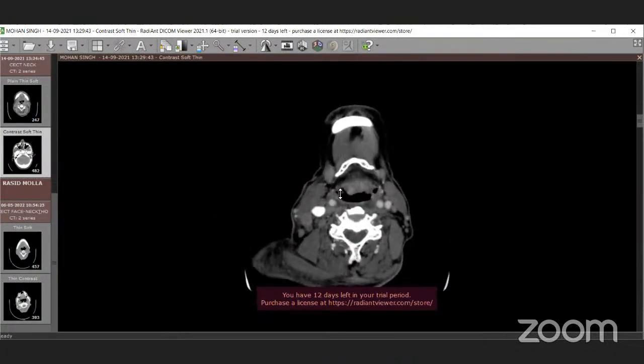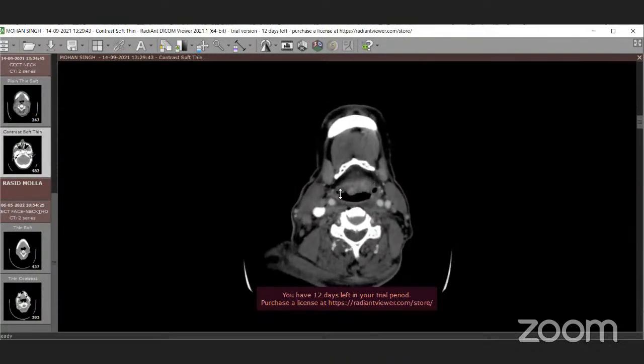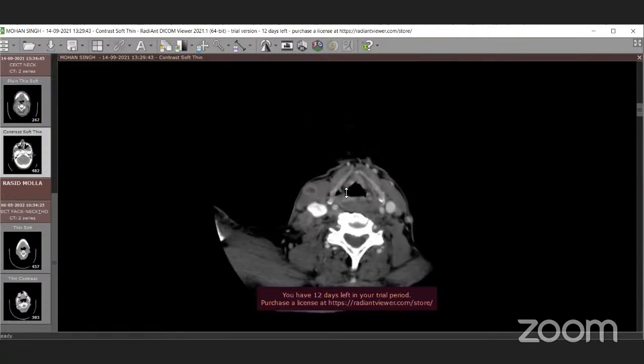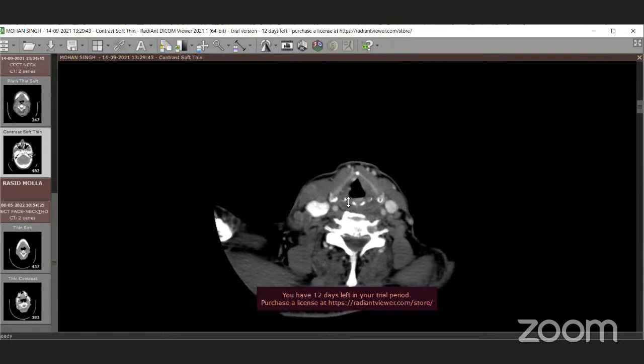Superiorly, it is the superior margin of the aryepiglottic fold, and inferiorly what we have is the apex of the piriform sinus, where the air vanishes and you have some fat attenuation, similar to the paraglottic fat. So if you have a piriform sinus tumor which involves the apex, it usually goes into the paraglottic fat here, and being a pharyngeal tumor, it gets to go into the laryngeal spaces.